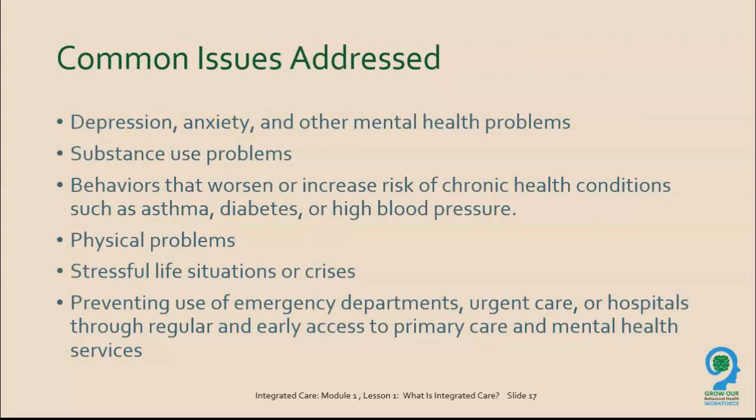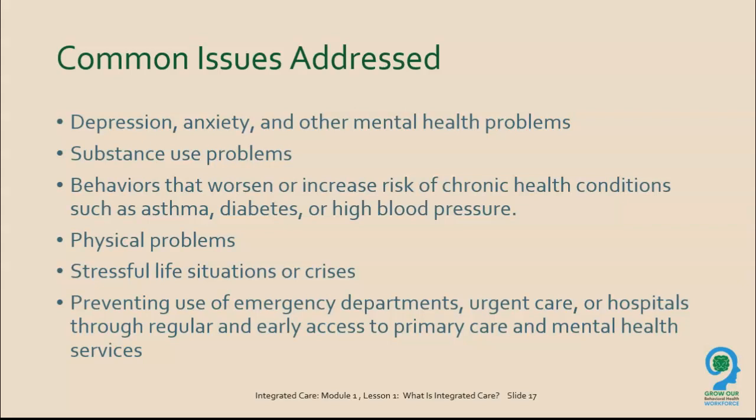Some of the issues commonly addressed in the integrated care setting include depression, anxiety, and other mental health problems, substance use problems, behaviors that worsen or increase the risk of chronic health conditions such as asthma, diabetes, or high blood pressure, physical problems, of course, stressful life situations or crises, and finally, preventing the use of emergency departments, urgent care, or hospitals, which are, of course, the most expensive way to deliver care.